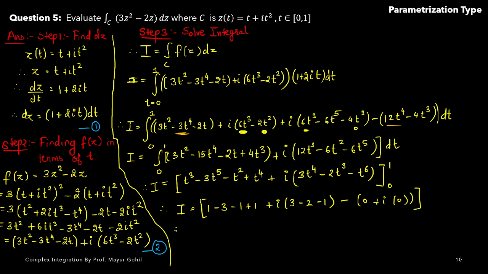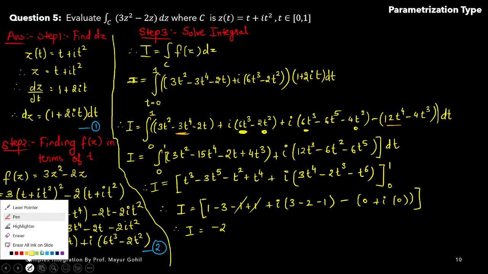We'll just get it from the upper limit when we substituted. So here minus 1 plus 1 cancels, and here it's minus 2. Here it is 3 minus 2 is 1, and 1 minus 1 is 0. Oh, great. So our answer is minus 2. So this is our final answer.